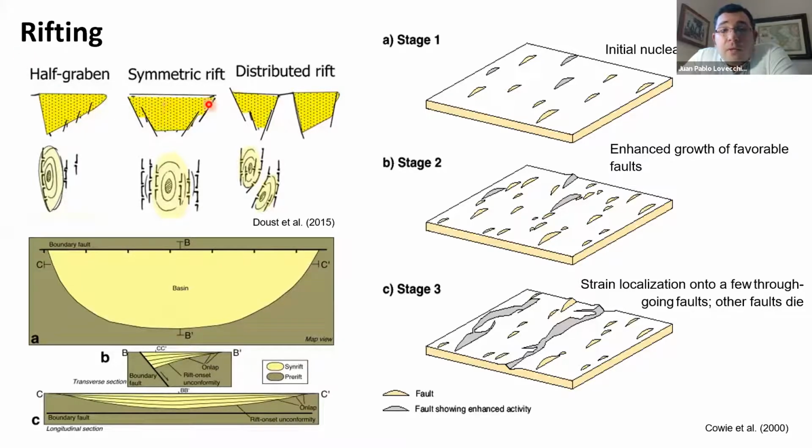Symmetric rifts are what we call grabens, and they are bounded by 2 sets of antithetic normal faults that produce a trough in the middle, and this is a graben.